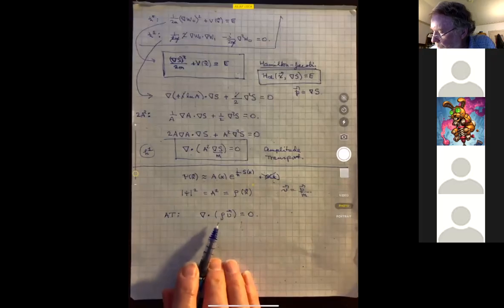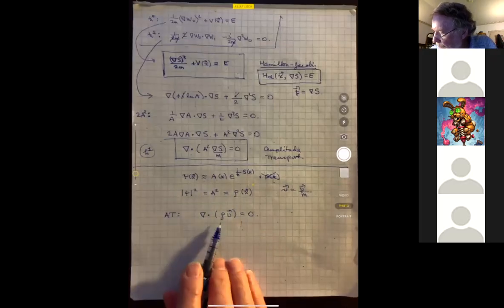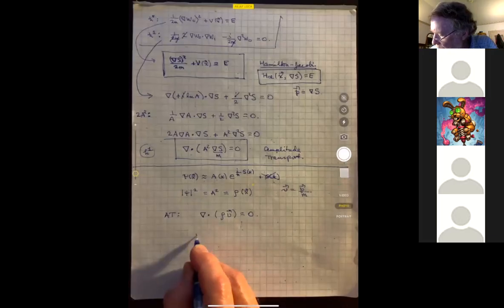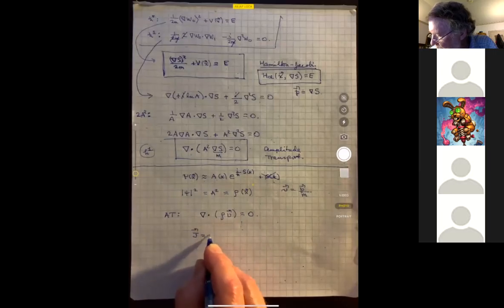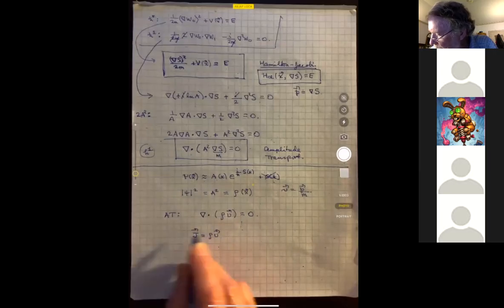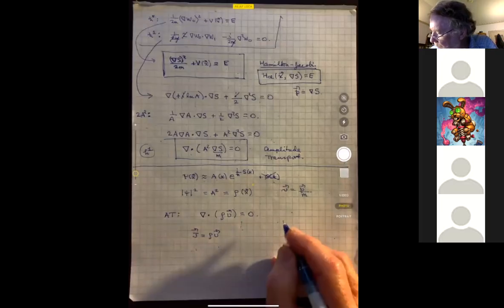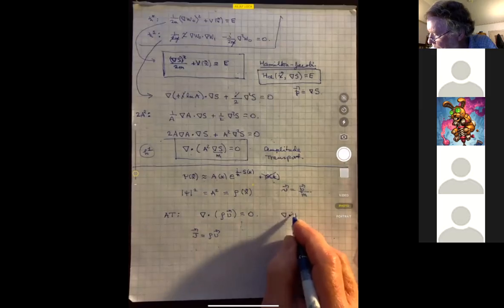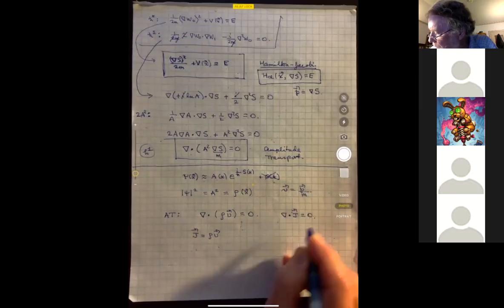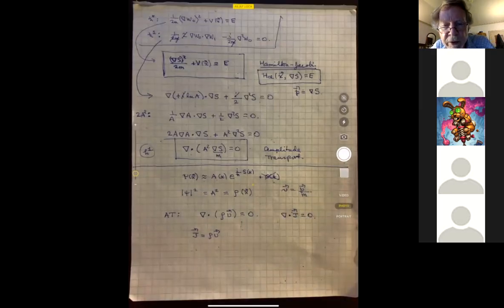If we interpret rho, which is really a quantum rho here, also as a classical rho, that is to say density of particles, then rho times v is actually a particle current. If I write J is equal to rho v, it's a flux of particles, the usual meaning of a flux. And so this turns into a statement that the divergence of that flux vector is equal to 0. It's actually a part of a continuity equation. There's no d rho dt here because we're dealing with a stationary state problem. So the rho is constant in time.